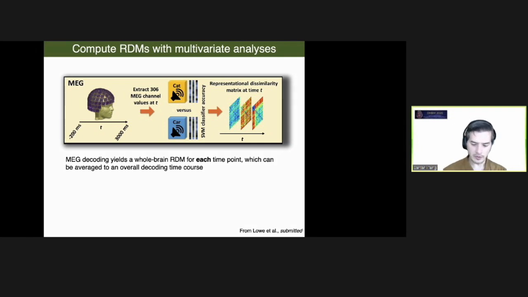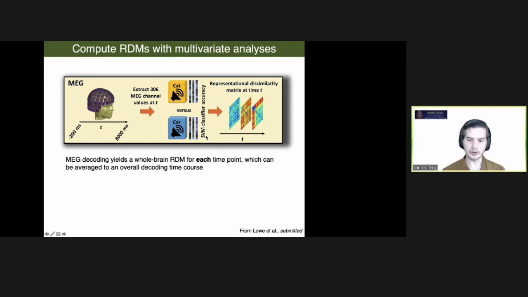And what that means essentially is that you generate a whole brain RDM across the entire stimulus space for every time point. In this case, for a 200 millisecond baseline and 3000 millisecond epoch, that gives you about 3200 RDMs.